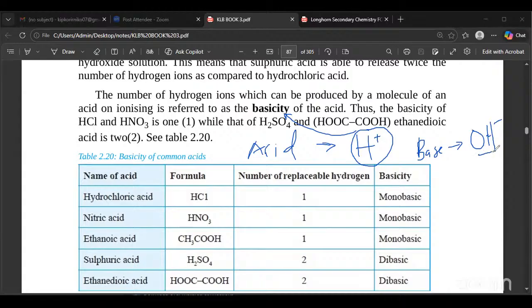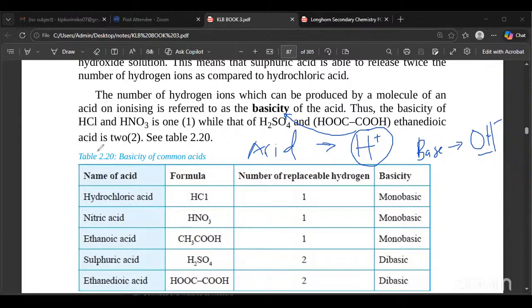OH negative is not basicity. When you talk about the basicity of an acid, we are talking about the number of hydrogens that can be replaced.